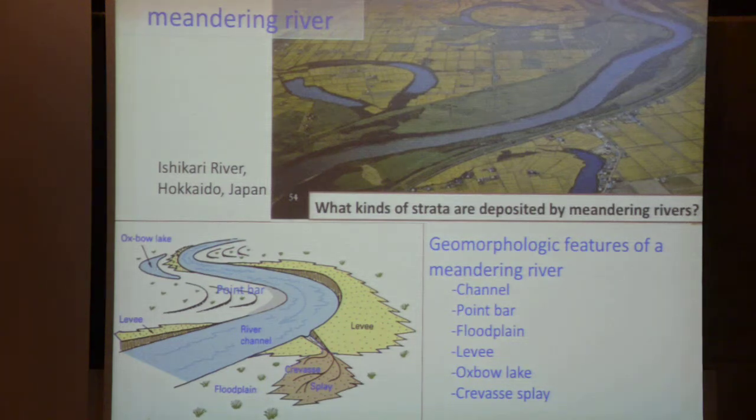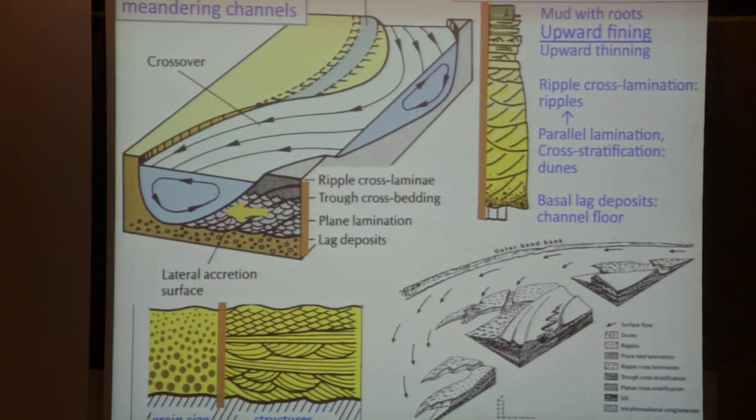So what kind of strata are deposited by meandering rivers? These are the features of the depositional model for meandering channels. The deposits of meandering channels are characterized by this kind of upward fining stack of strata.